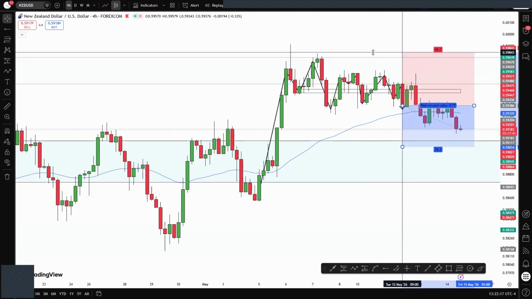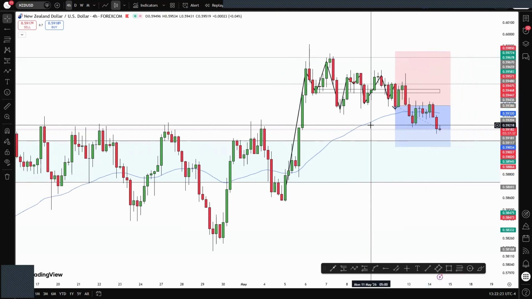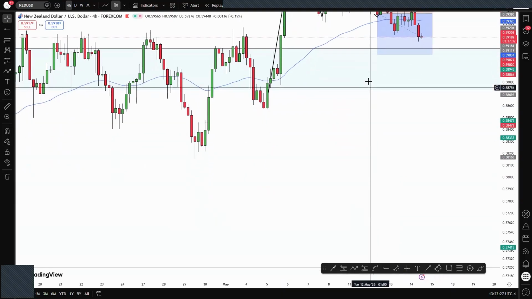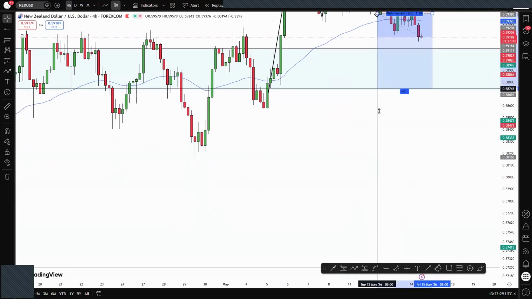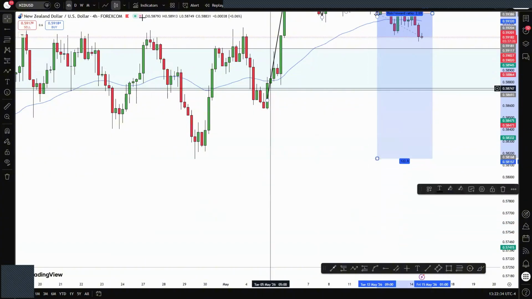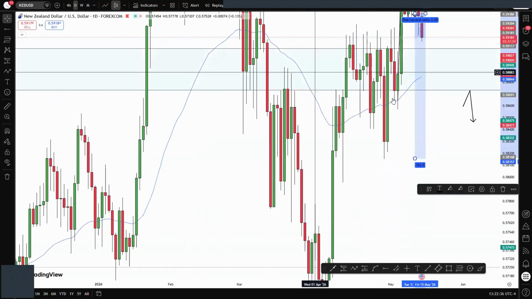So I can easily put my stop if I want at this level here, and that would be fine. So then you just target your 1 to 3 easily. Let me use the daily time frame.